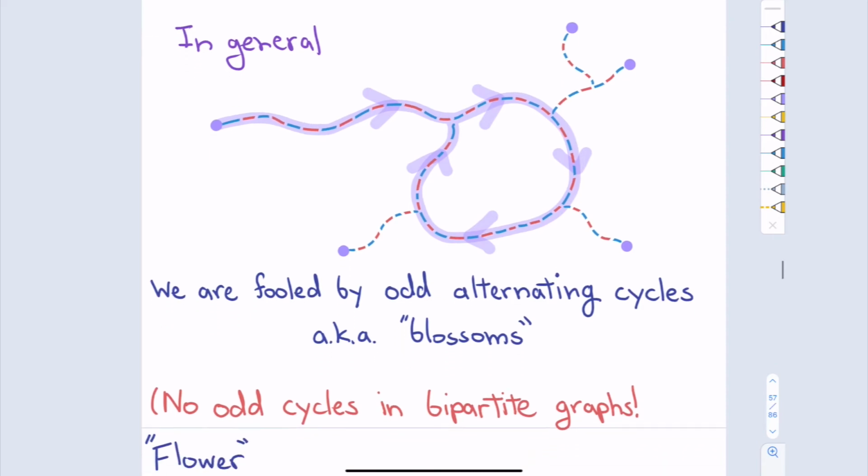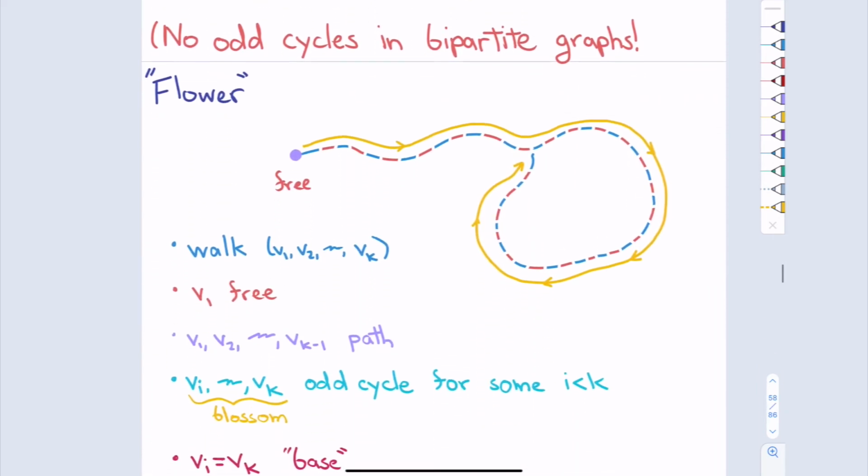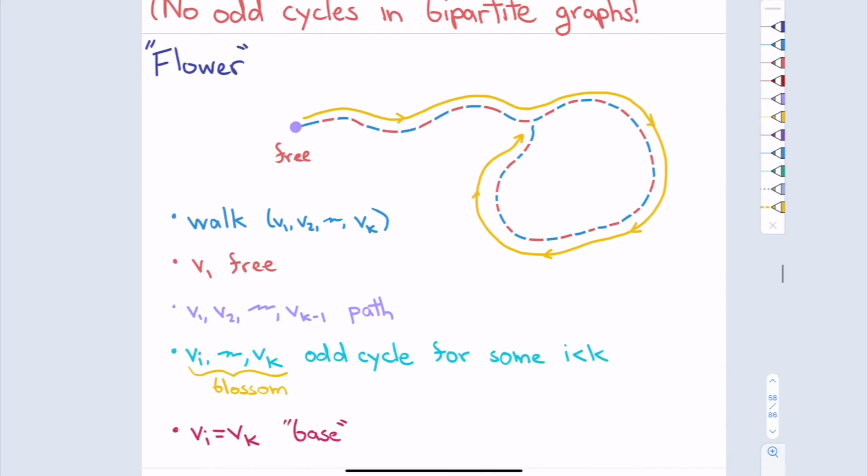Okay, so just some terminology. I don't know if it's more historical. So to define what happened: I started at a free vertex. I start walking around, right? And I first take blue, red, blue, red, blue, red, and then I enter the odd cycle. So the first part is a path, and then we have an odd cycle for the rest, running into somewhere we've already been.